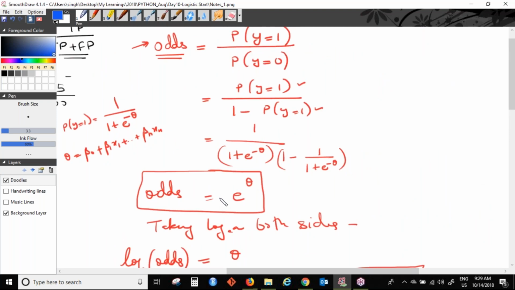Any doubts on this? Logistic regression is not difficult.